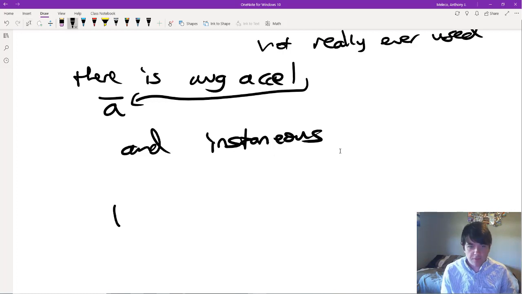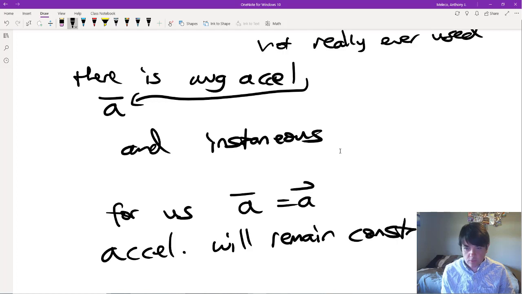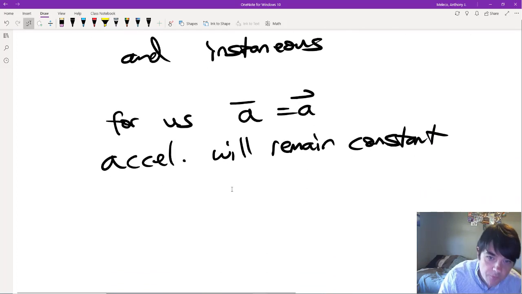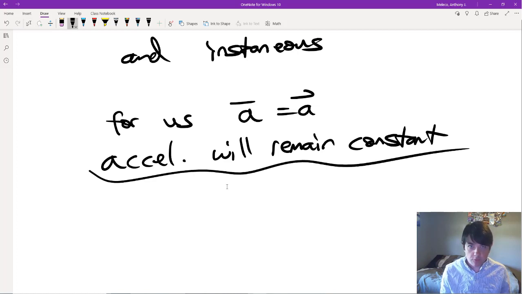So for us, even in engineering, average a will just equal a. In other words, acceleration will remain constant. We won't really do problems where acceleration is allowed to change, because a changing acceleration would require a changing force, as you'll see, which is rather complex. So we will only do this because forces will remain constant.